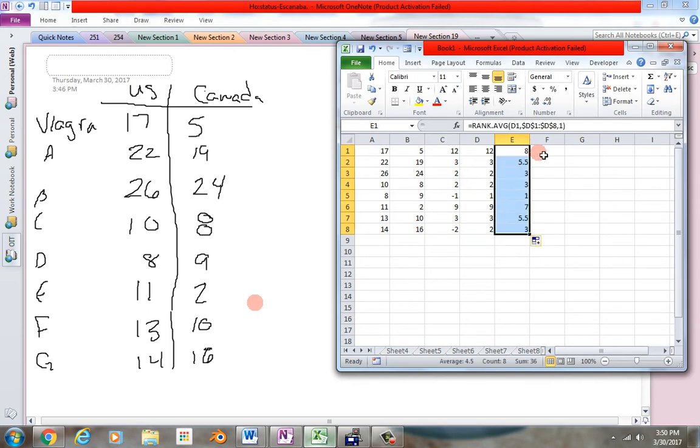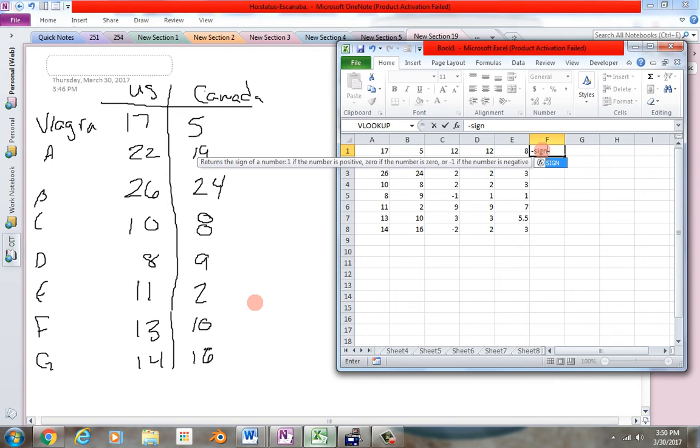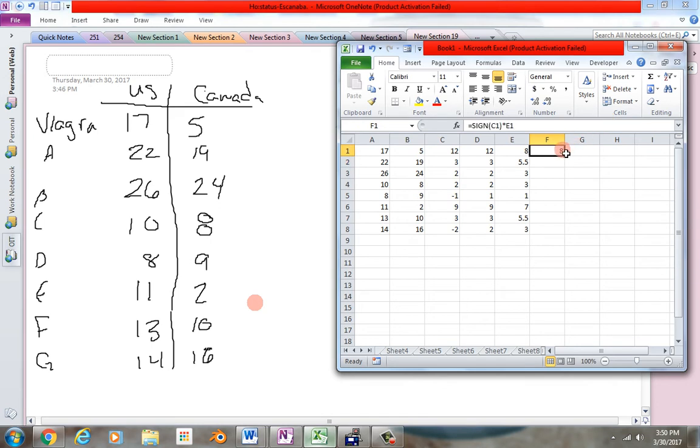And then we're going to take the sign of the differences times this thing here. Why did I keep getting a negative in there somehow? I don't understand how I keep doing that. Oh, there it is. I think I just hit it instead of the equal sign. There we go. And then you can do SUMIF, which I think is kind of a cool way to do it. And I want greater than 0.